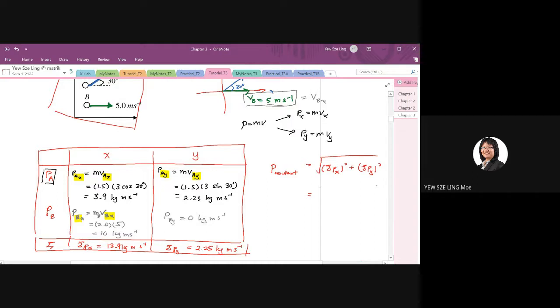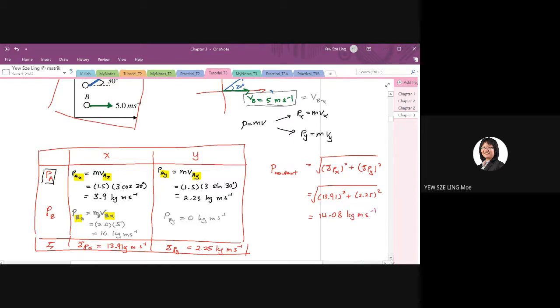So therefore square root, you have 13.91 square plus 2.25 square, which is then equals to, let me see, the final answer is 14.08 kg ms negative 1. So this is your P resultant.